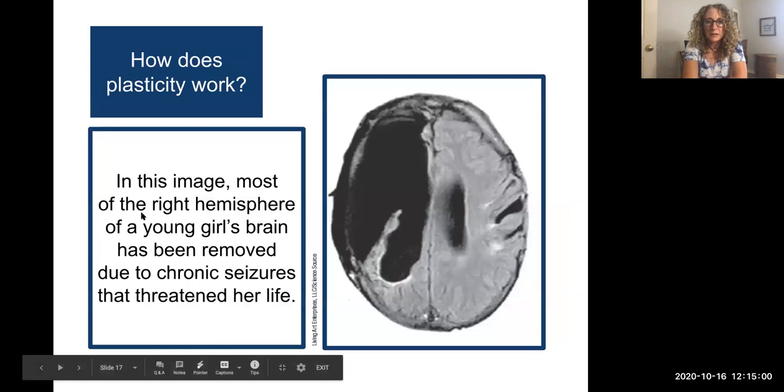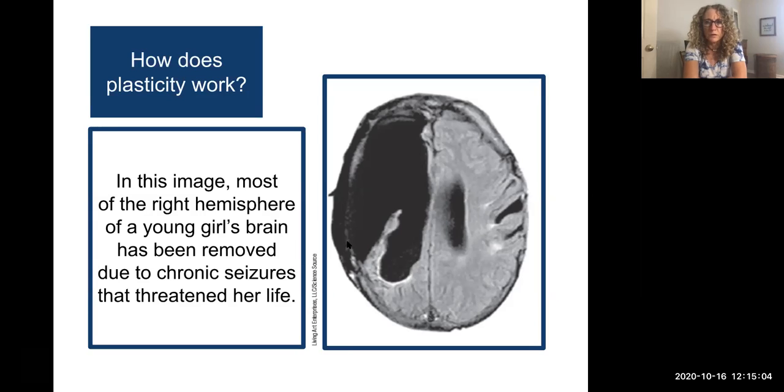In this image, most of the right hemisphere of a young girl's brain has been removed. This was very sad because of chronic seizures throughout her life. So they took out a lot of the right hemisphere to help with the seizures.